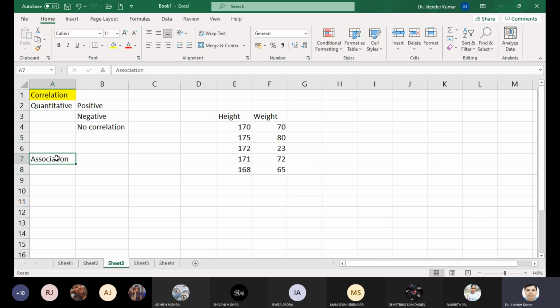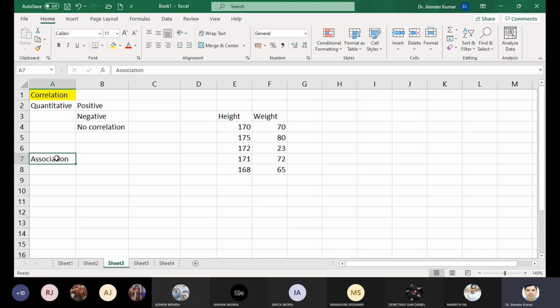That is called positive correlation. Like your height and weight. As our height increases, our weight also increases, right? So that is basically positive correlation. And negative correlation is when the two variables you are studying move in opposite directions. If one increases, the other will decrease; if one decreases, the other will increase. So that's called negative correlation.